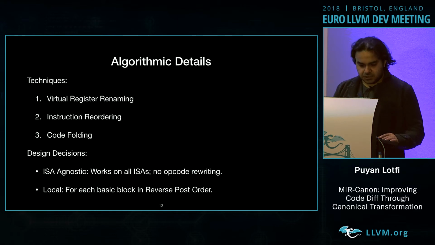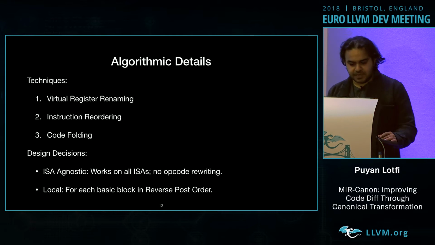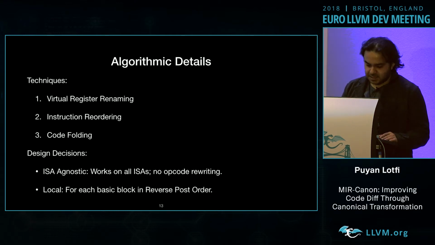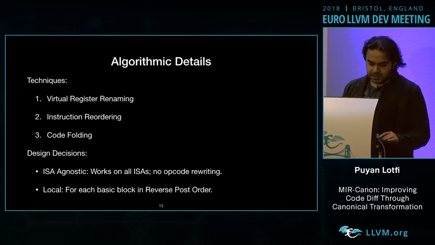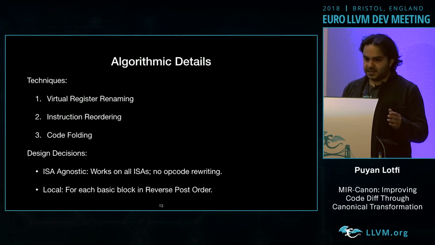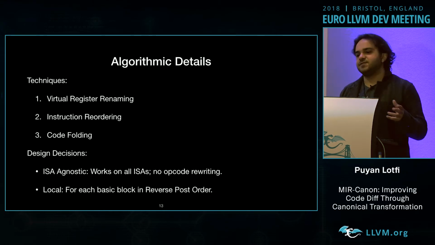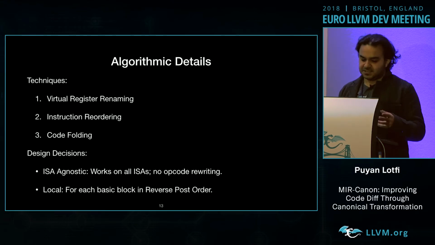Well, some of the algorithmic details: we have three major techniques. One is virtual register renaming, then we have instruction reordering, and finally code folding. All three of these, in this iteration of MIR-Canon, were designed to be ISA agnostic, meaning that we don't really query the target for any machine-specific info in any of our canonicalization, and we also don't make sense of any opcodes.